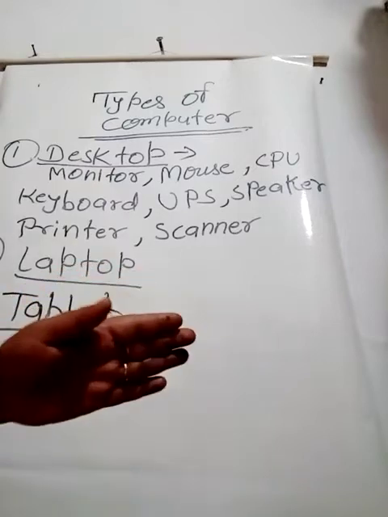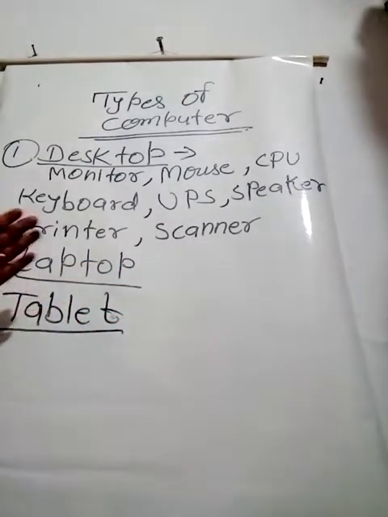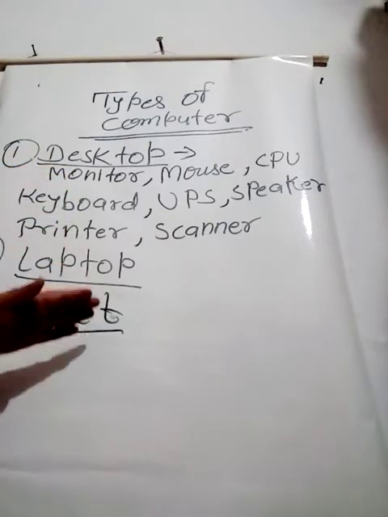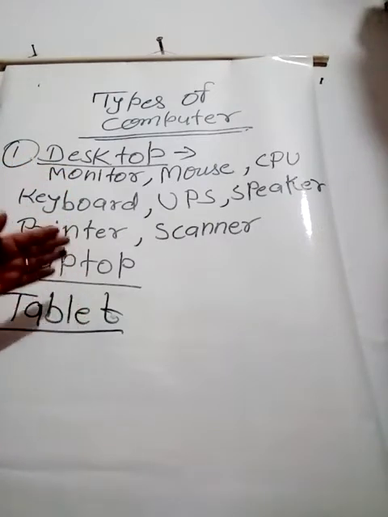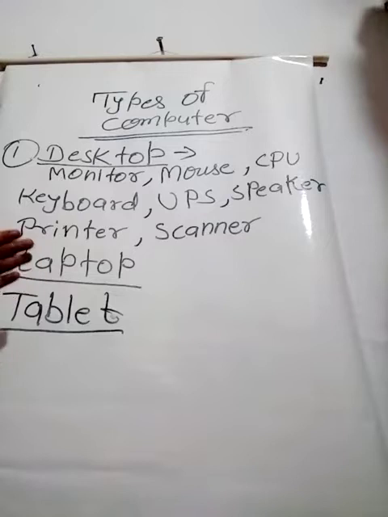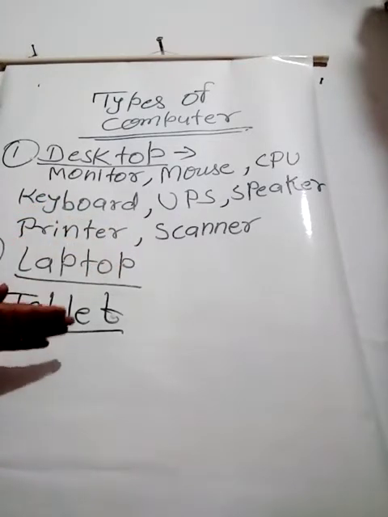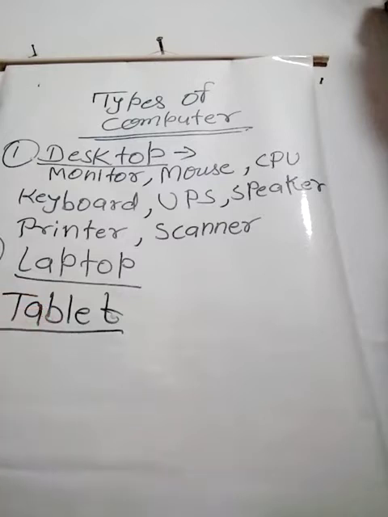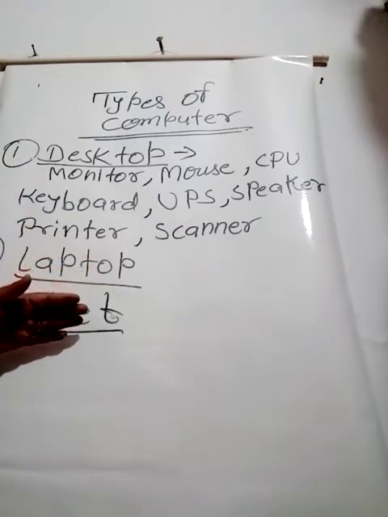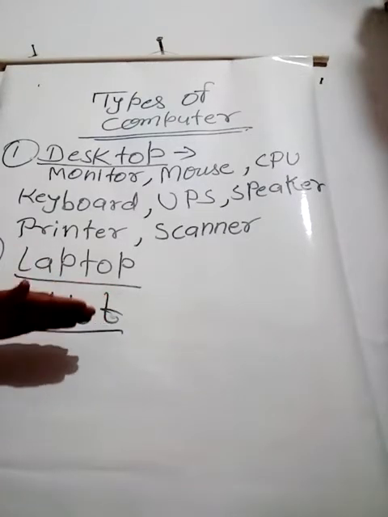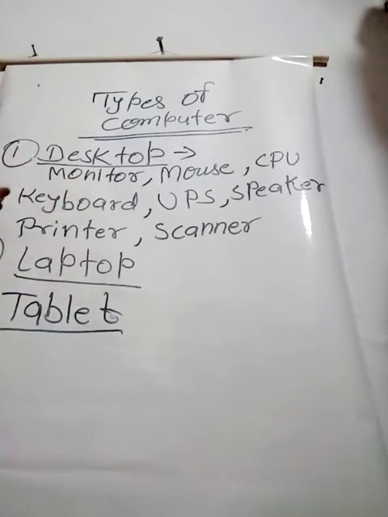A tablet is also used for computing, meaning it does all the work of a computer, and it is also used for sending or receiving messages, making calls, and talking with each other. It also has an inbuilt keypad and camera, everything inside the tablet. So only these three types of computer you have to learn.